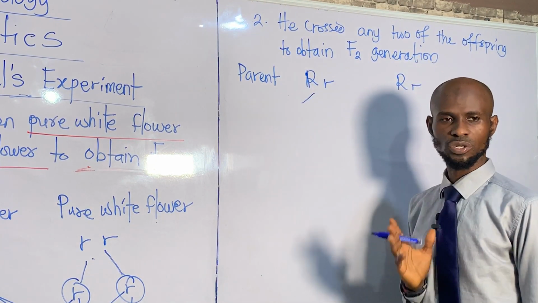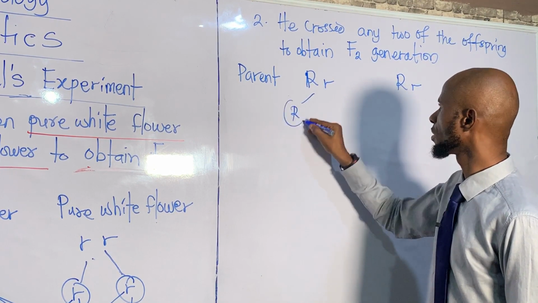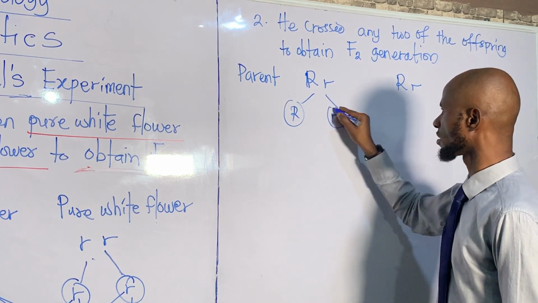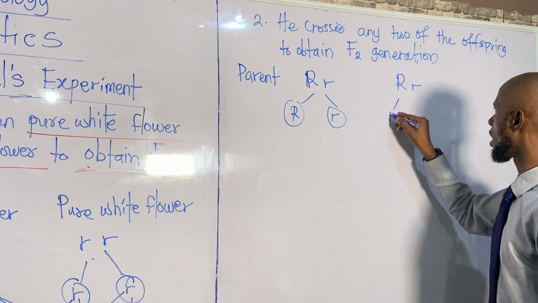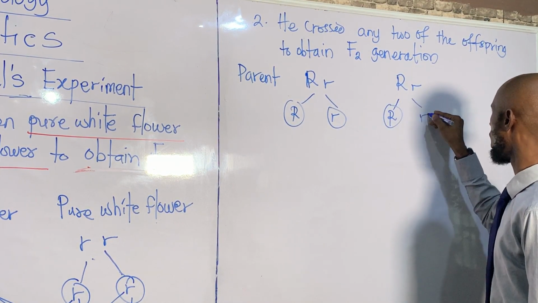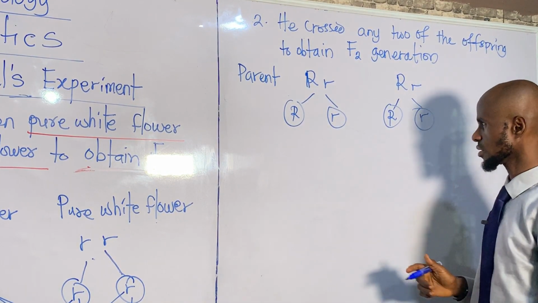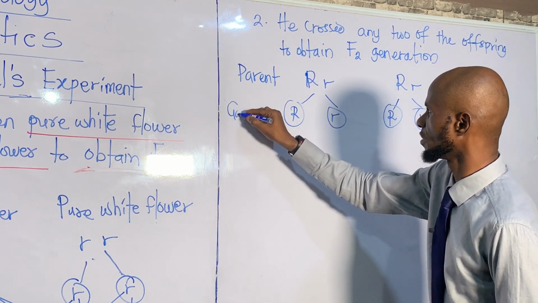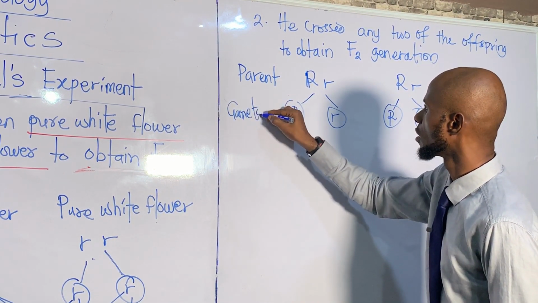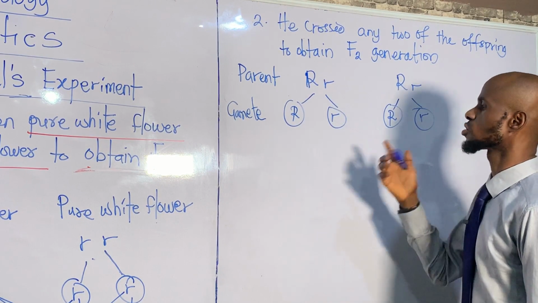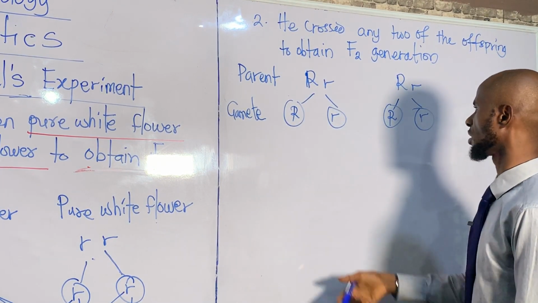Then they are going to enter into the gametes. Big R enters into the gamete, small r enters into the gamete. Then big R enters into the gamete and the small r enters into the gamete. So let's write the gametes here. The next thing is the crossing to obtain the F2 generation.